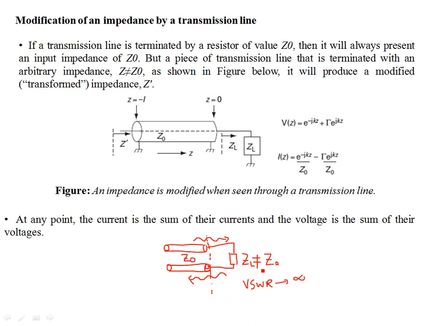So it is desirable to have ZL equal to Z naught in order to have maximum power transmission.